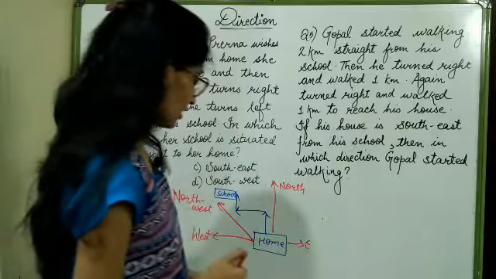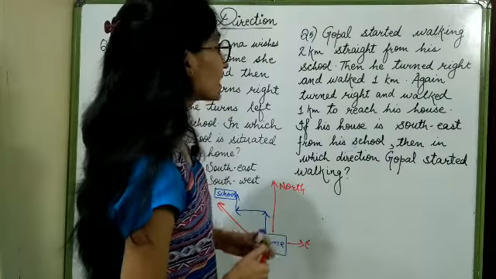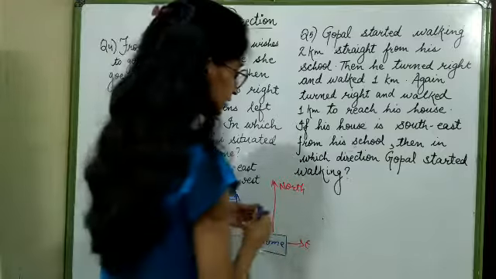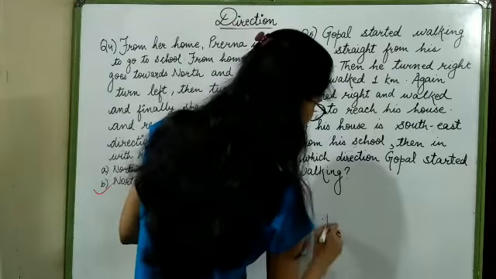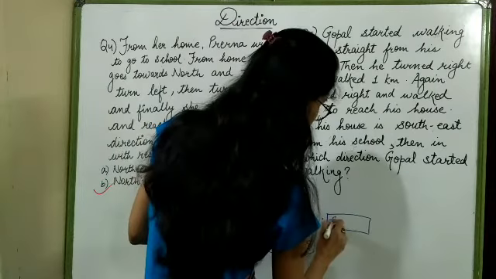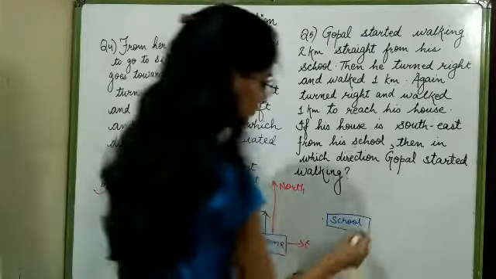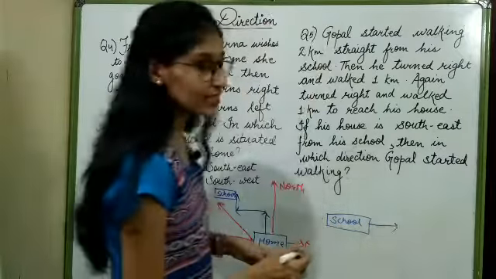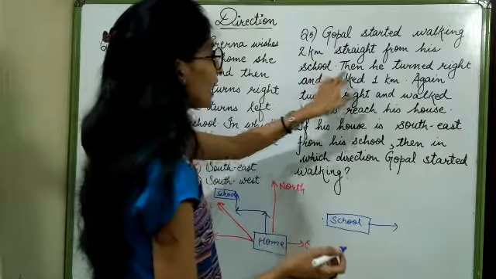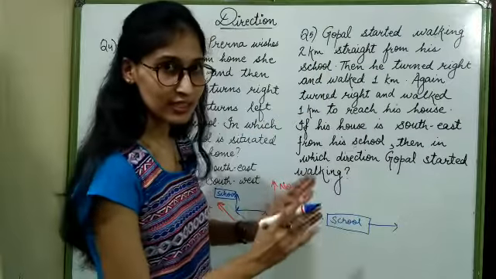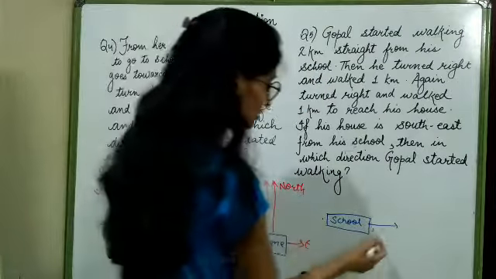Another question is, Gopal started walking 2 kilometers straight from his school. So let's say this is his school. He started walking straight, walking in this direction. Then he turned right. If I am like this, in this direction, this will be my right.